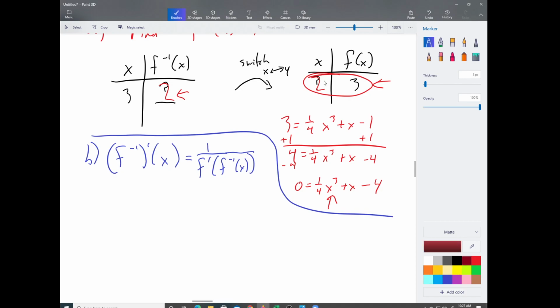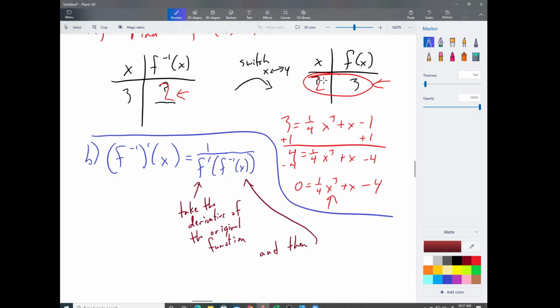That says take the derivative of the original function and then plug the inverse into it. So I can handle it. I can take the derivative of the function that I was given.